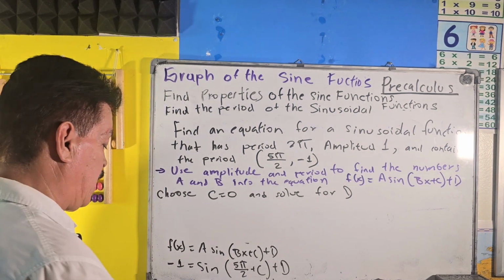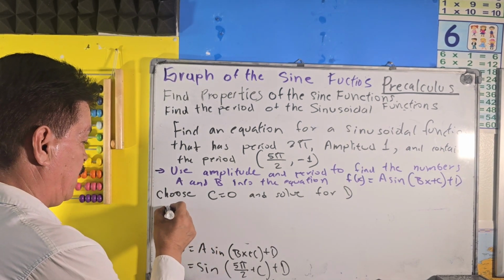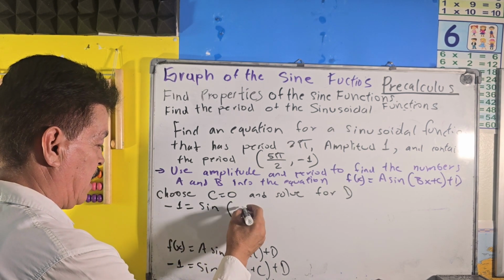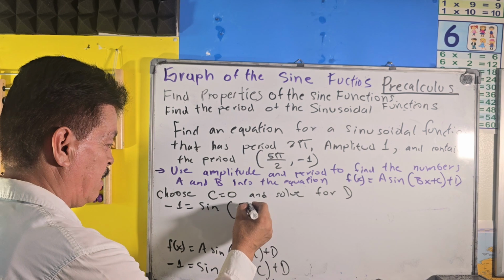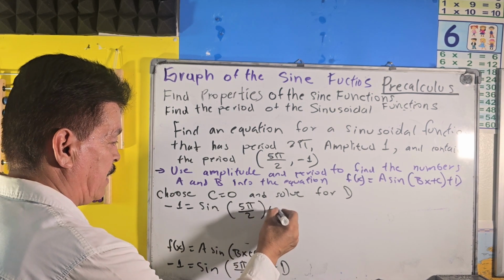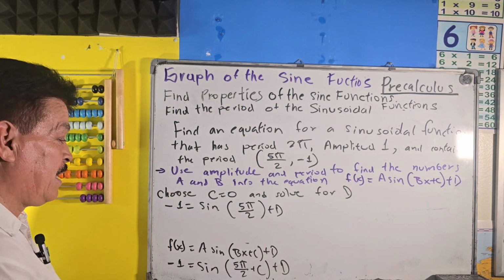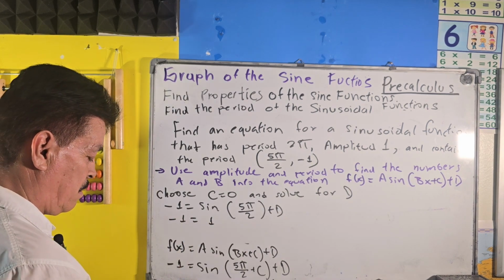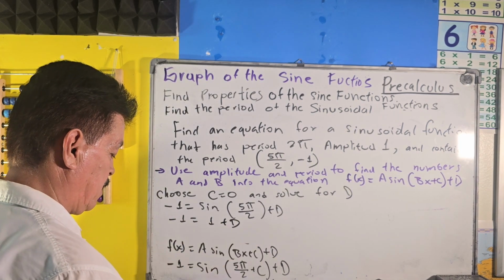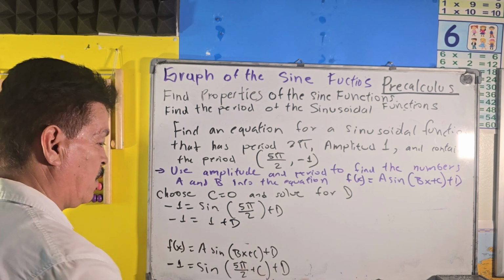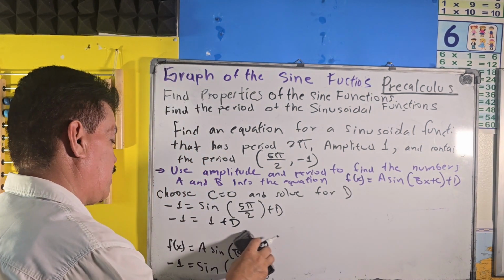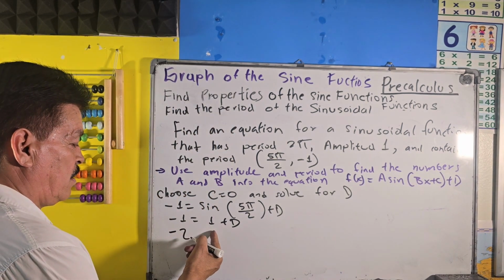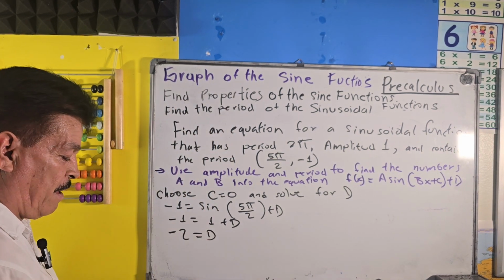So then we write negative 1 equals sine times 5 pi divided by 2 plus d. See, and then we simplify: negative 1 equals 1 plus d. Let me erase the arrow here, because I don't need it. So negative 2 equals d, right?